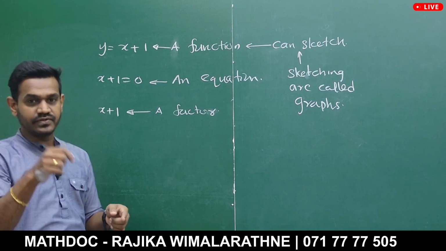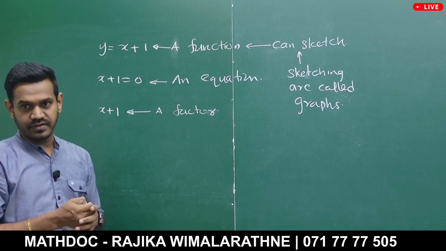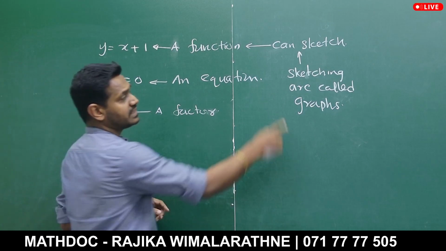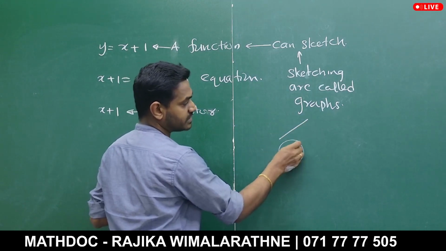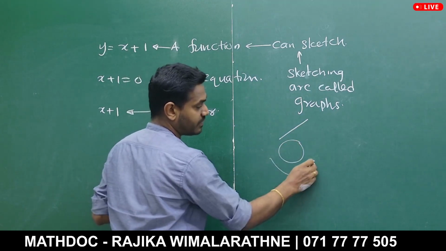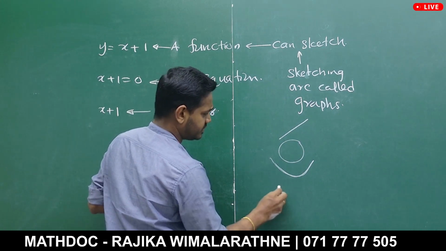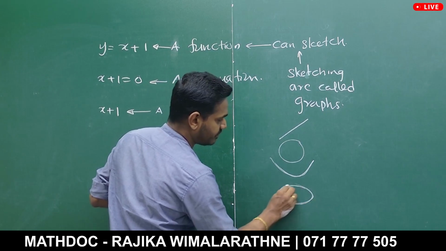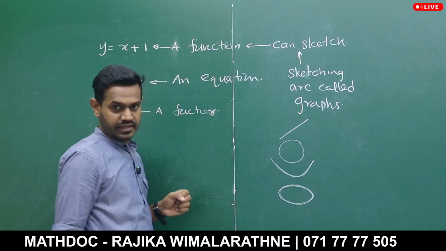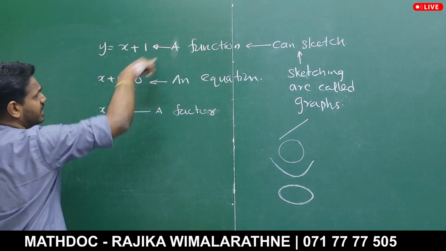By substituting some values for x, we can get y values, then plot them. When I sketch these types of graphs, some look like lines, some like circles, some like a parabolic shape, some like an elliptical shape. There are many different shapes.